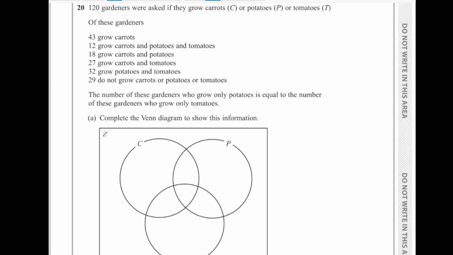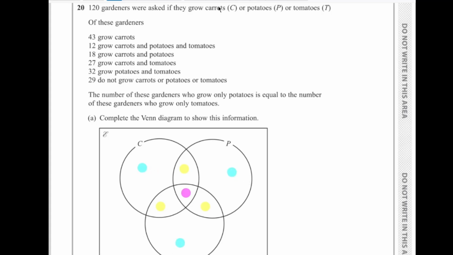Now we gotta fill the given information into the Venn diagram. When filling the details into a Venn diagram, there is an order. The first step is to fill in the inner intersection. The inner intersection is the intersection which is in the very inside. Next, we gotta fill here the sub-intersections. After that, I gotta fill this part.